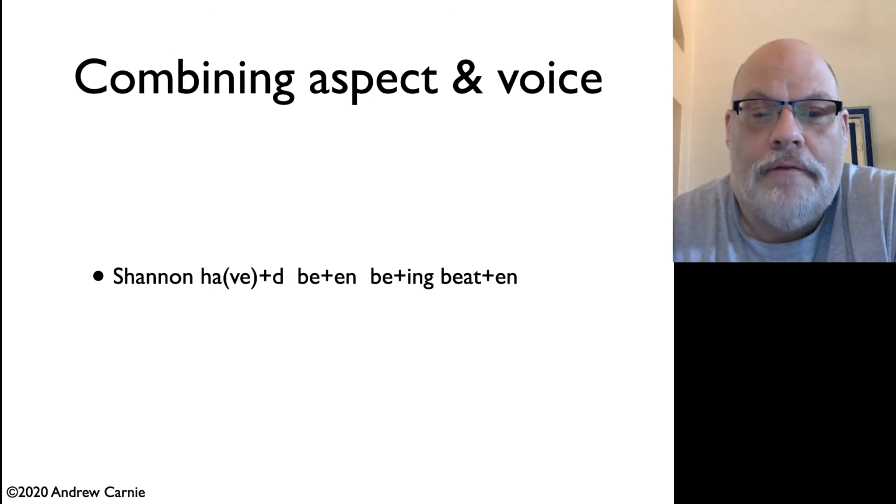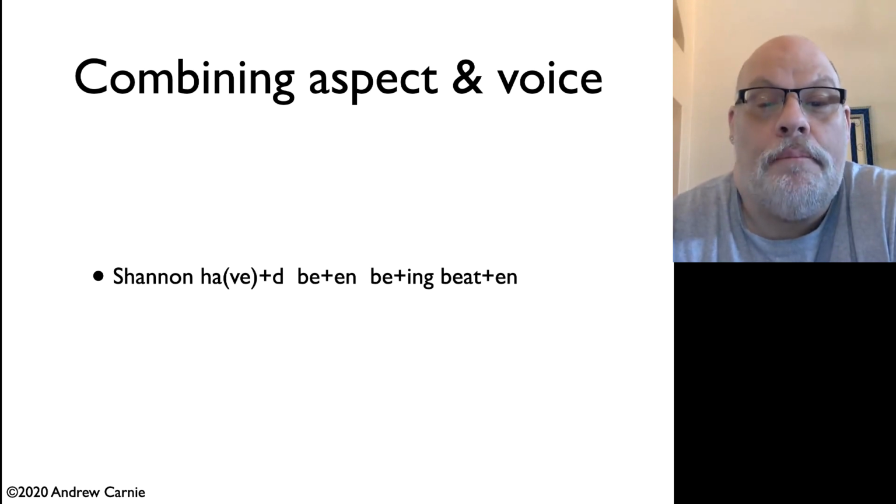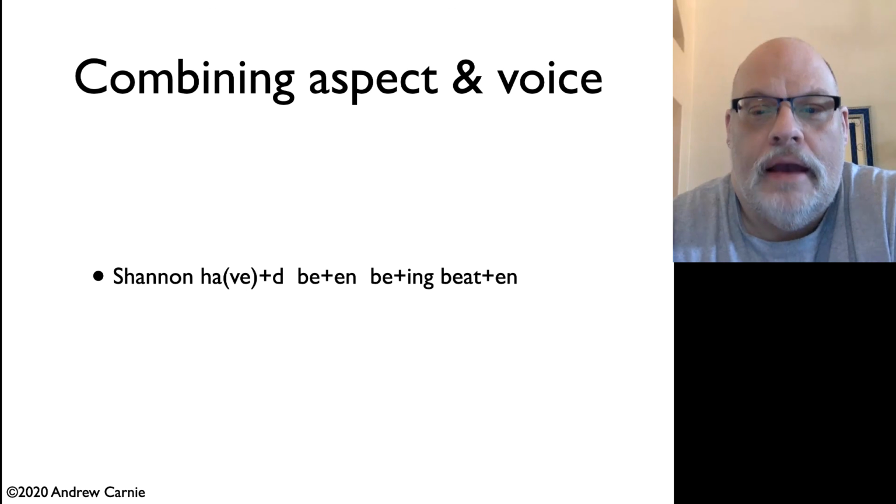Then what we have is a have auxiliary that's marked as the past tense, had. Then we have a be auxiliary, which is in its participial form. Then we have a be auxiliary that's in its gerund form. And then we have the main verb, which is in its participle form.